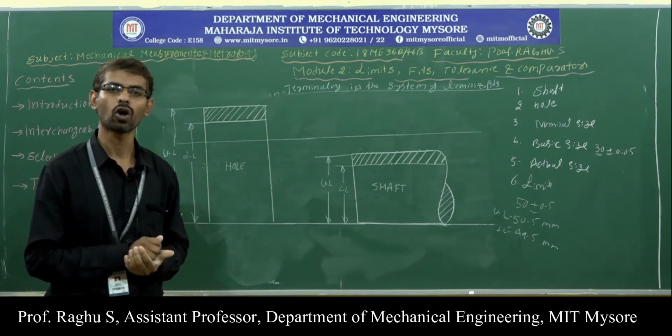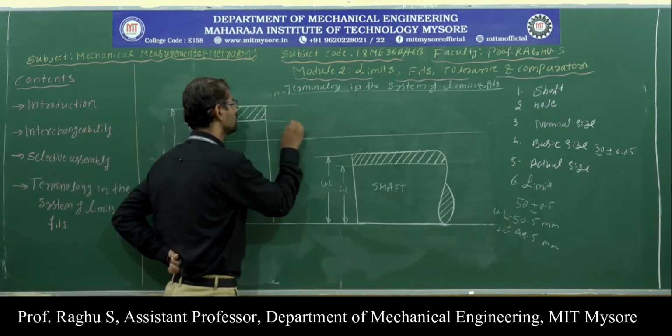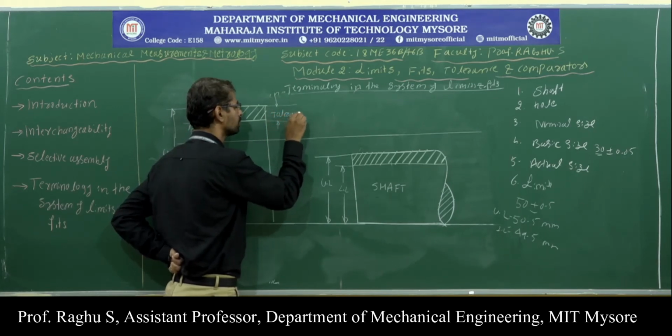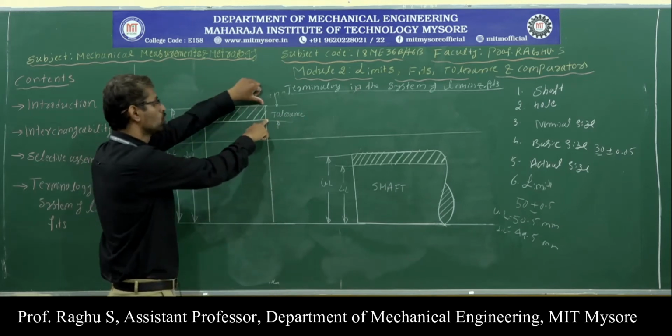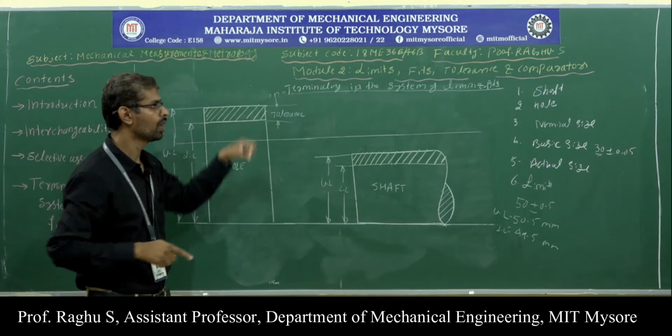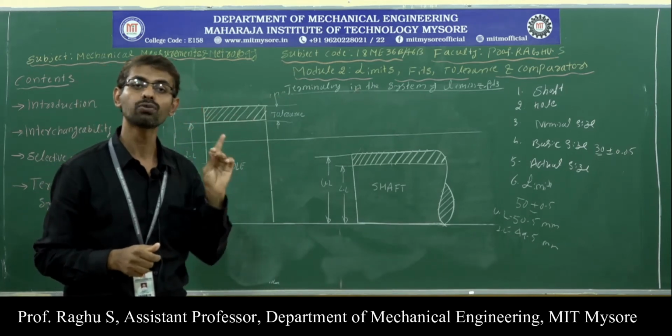Then what do you mean by tolerance? Tolerance is the difference between the upper limit and lower limit. So this zone is called tolerance. Tolerance is nothing but the difference between the upper limit and lower limit, or the allowable variation of size.